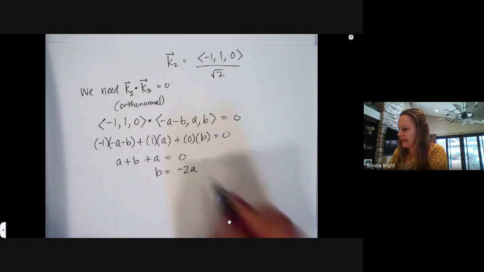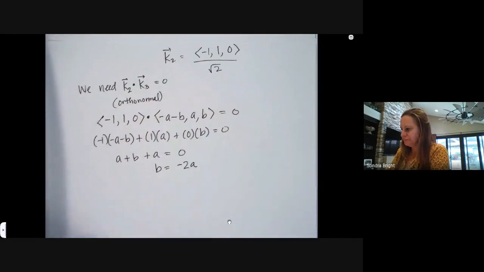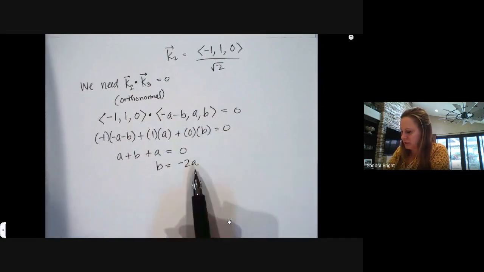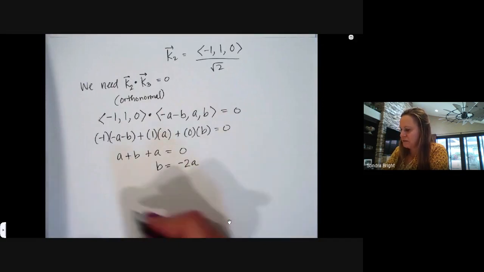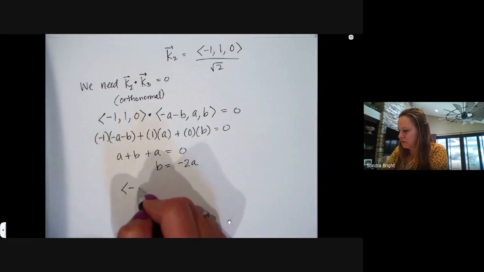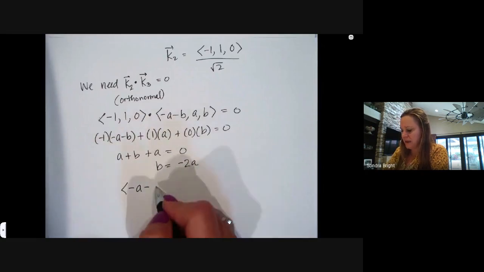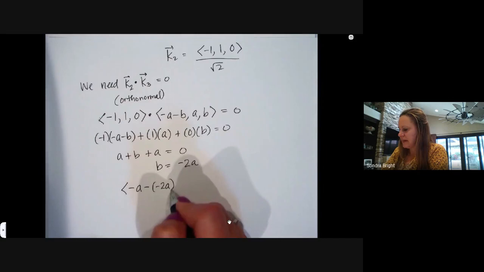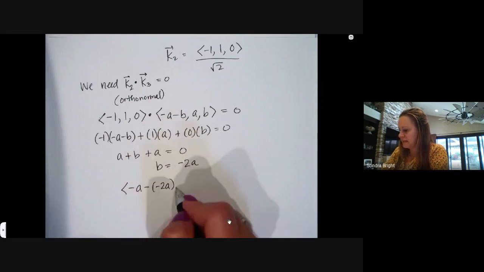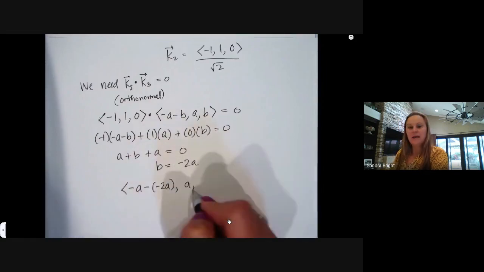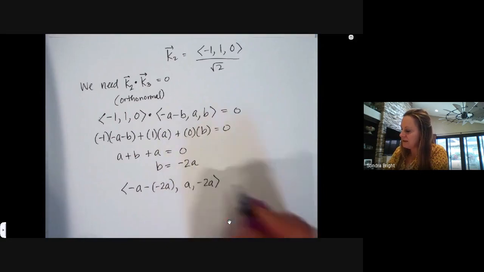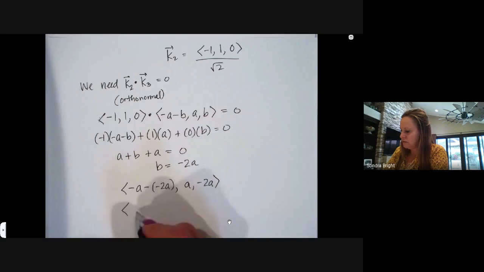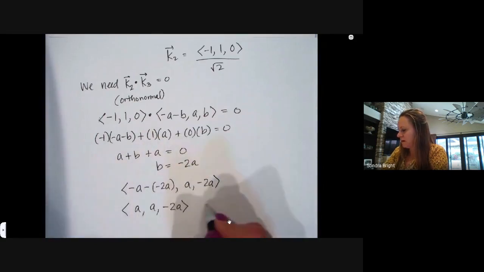If I plug that into my relationship, I have negative a minus negative 2a, then a, and then b, which we said was negative 2a. Simplifying gives me a, a, negative 2a, which gives 1, 1, negative 2.